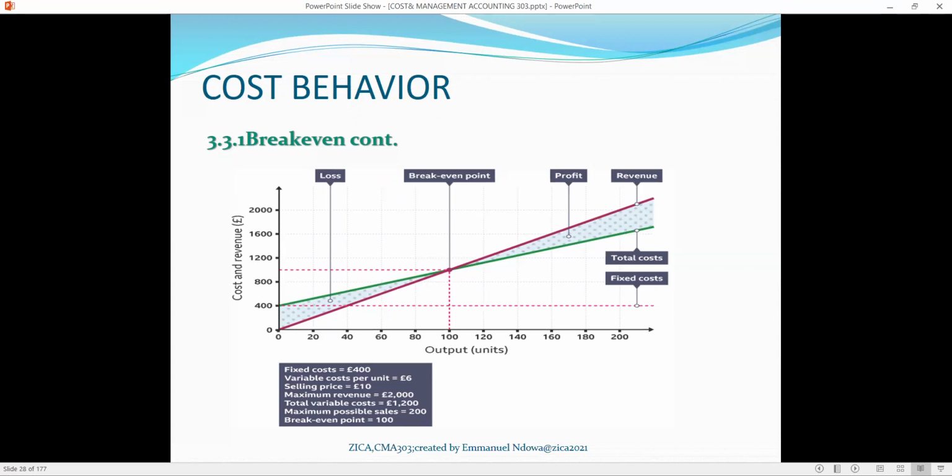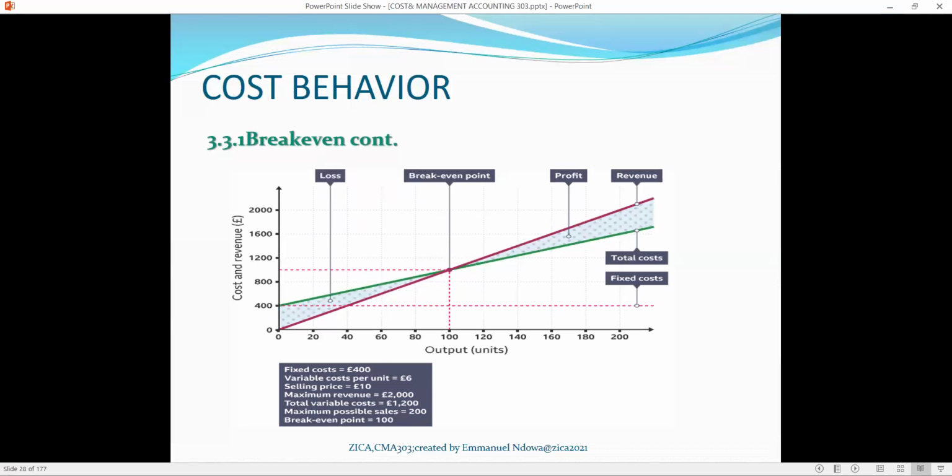That's our variable cost. Our revenue line starts from the 0 point going upwards. If you add the fixed cost and the variable cost, that's when you get your total cost and your revenue.